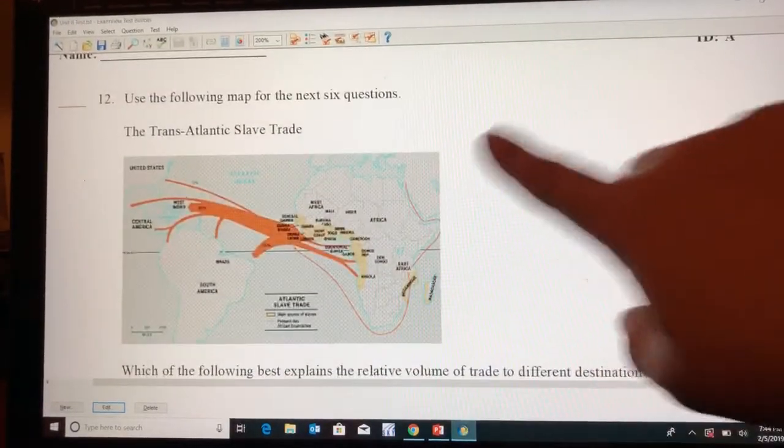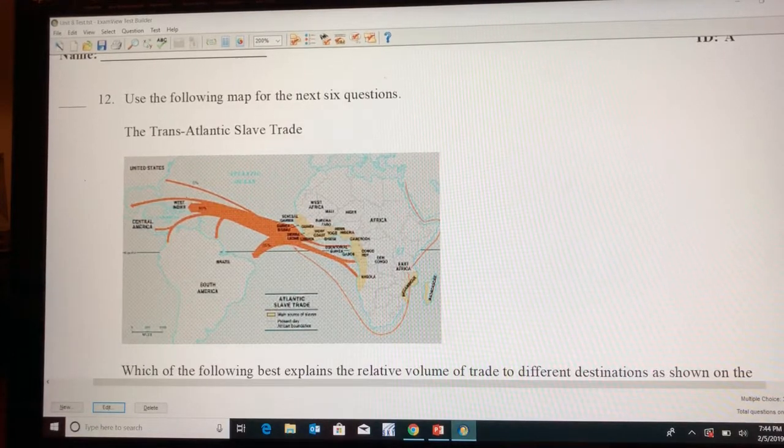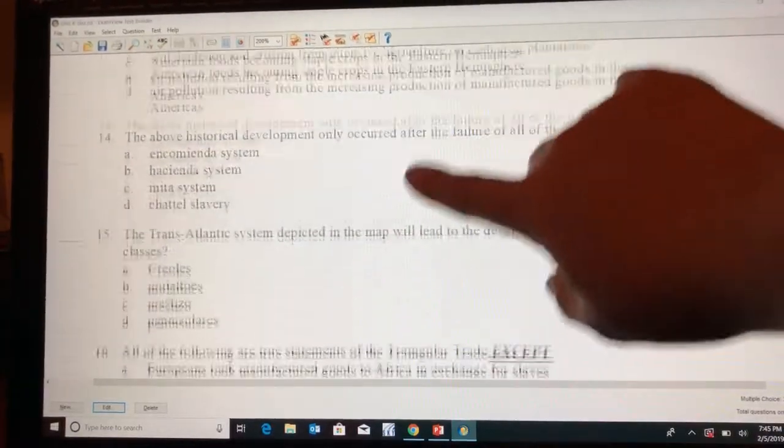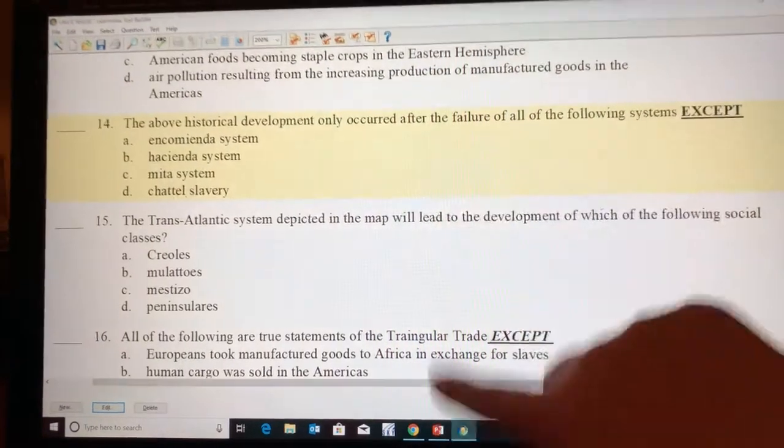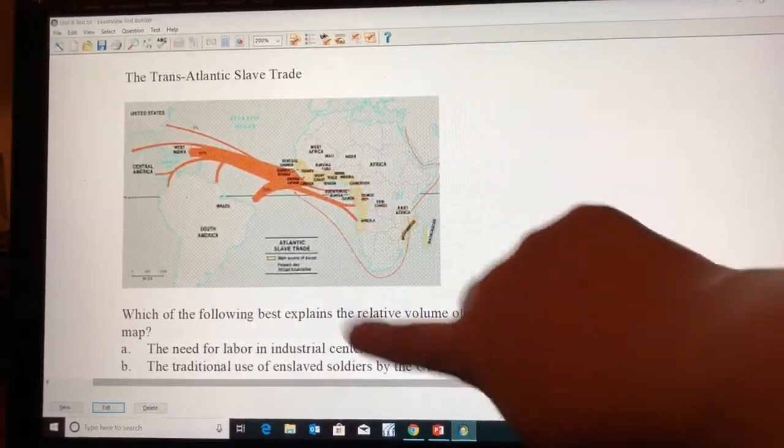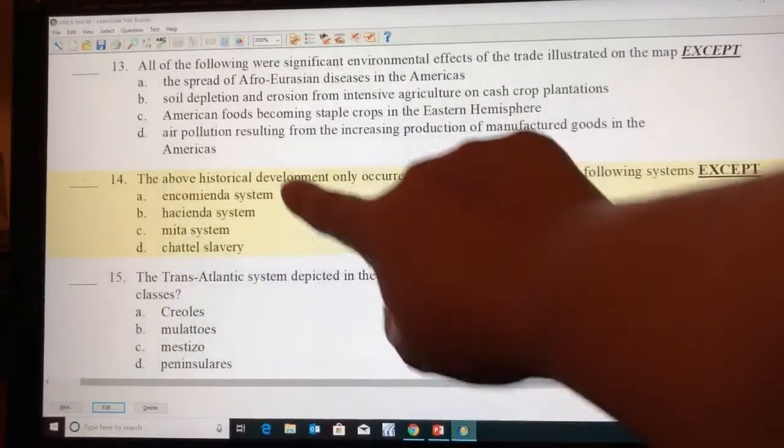Okay, this is an image. We see it's the Atlantic slave trade. We see a lot of slaves going into the Caribbean, Central America, and South America. So number 14 says, the above historical development, the taking of slaves, only occurred after the failure of the following systems except. So this system of slavery only occurred after the failure of what?